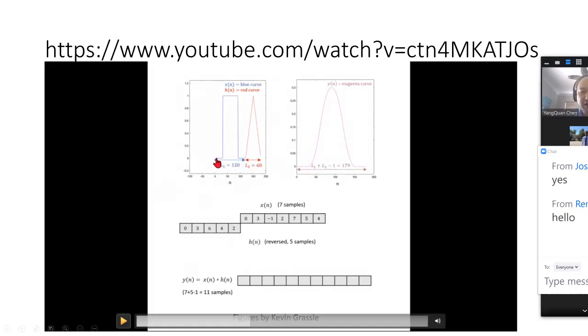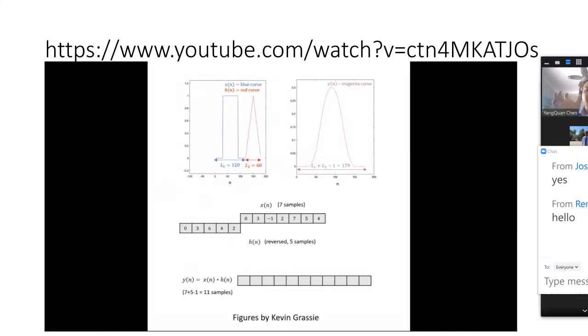Say for example, this is your support, support L1. After convolution, the support will be L1 plus L2 minus 1. So how many points in here?